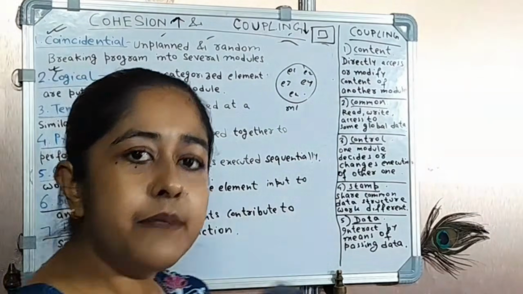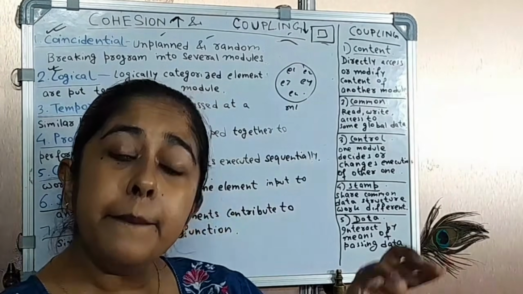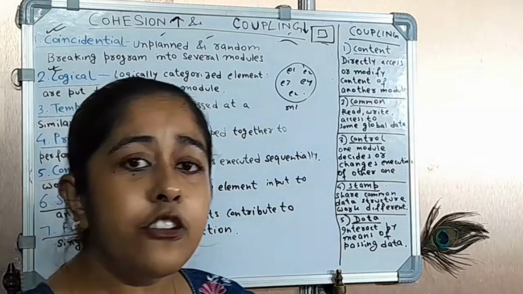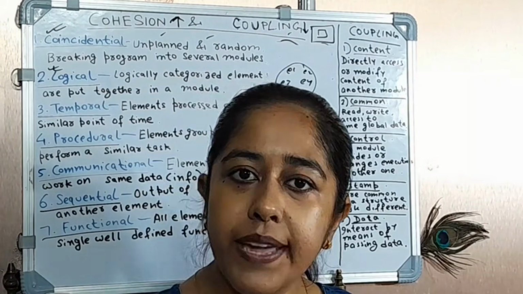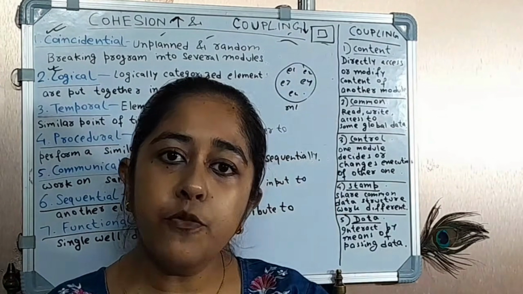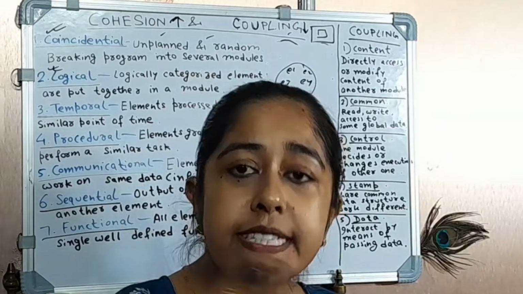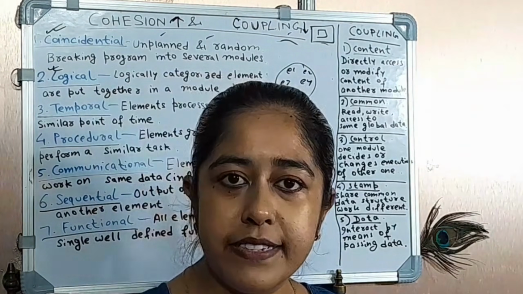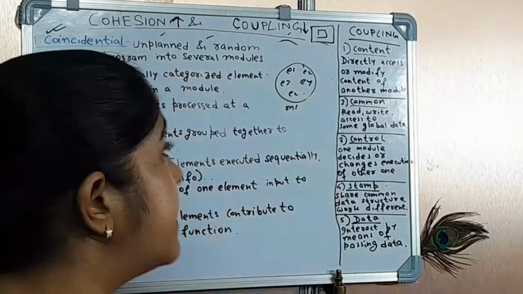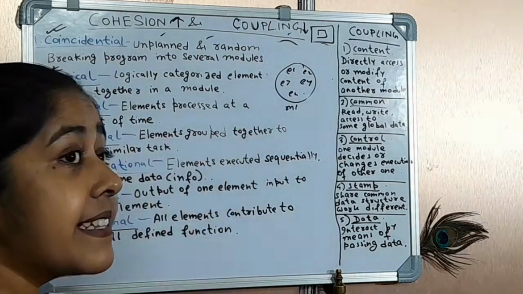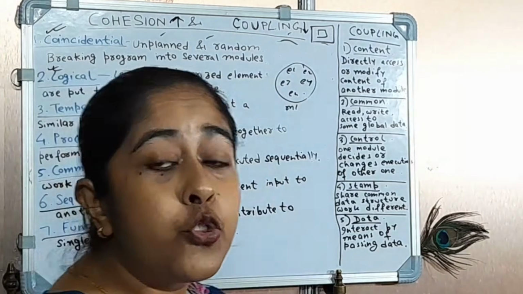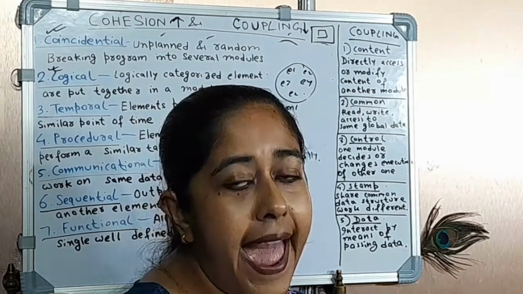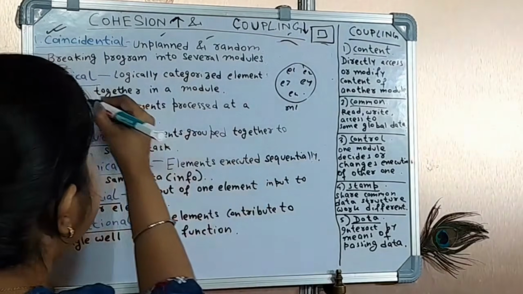When there are many elements in a particular module, maybe those elements are not processed at the same time. Different elements are grouped together, and they may be processed at a similar time or at another time. Those elements which are processed at the same point of time are grouped here and are known as temporal cohesion.